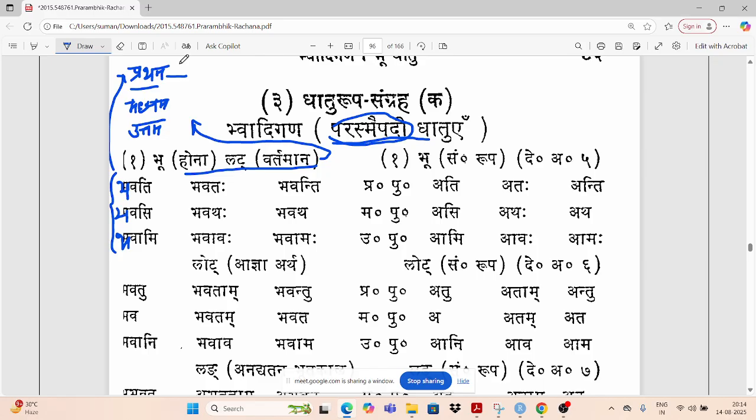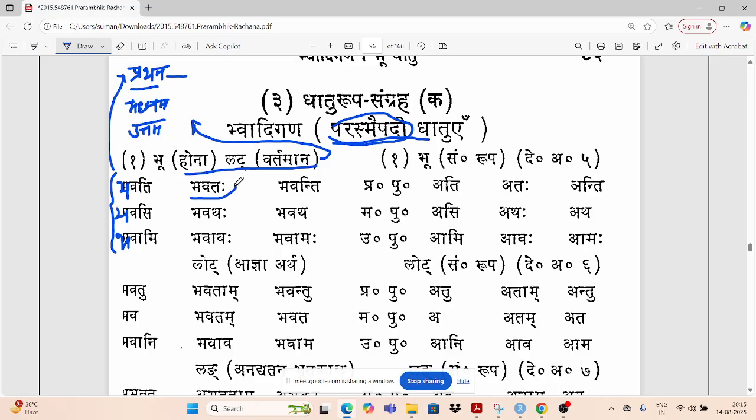So this bhavati, bhavatah, bhavanti, and when you look at the three columns, the first column represents ekavachanam, second column represents dvivachanam, third column represents bahuvachanam. Ekavachanam indicates something related to one person.